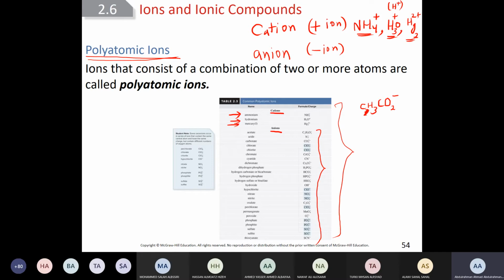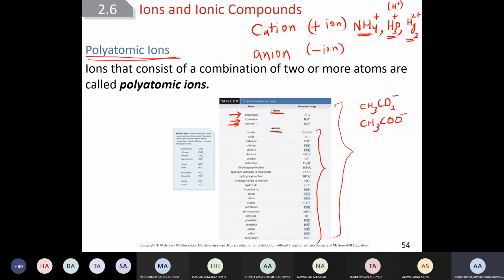The first ion here? Acetate. You must memorize the name and the structure. And as I said, I can write it C2H3O2 minus, or I can write it CH3CO2 minus, same thing. Some people write it CH3COO minus. Also, it is exactly the same.